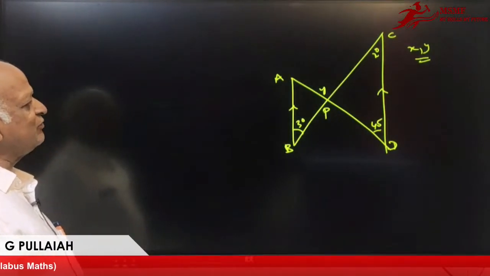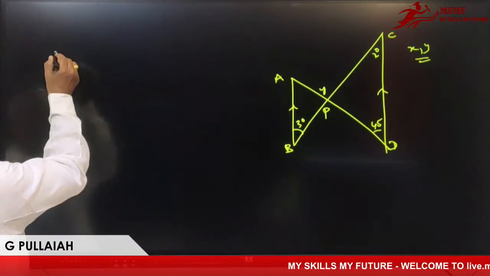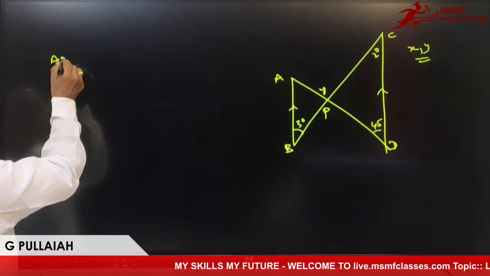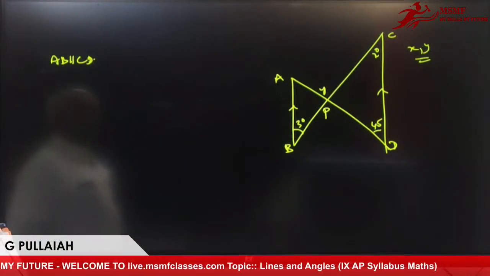If you think very carefully, it is given that AB is parallel to CD.